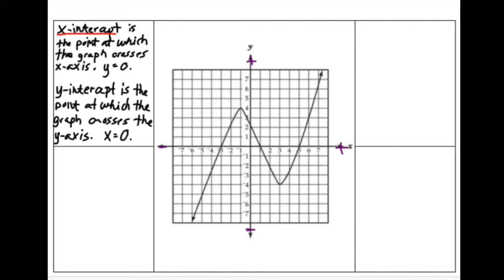If I start from the left, I'm looking at where my function is crossing the x-axis, and I see that here at -3. Then I follow the line of my graph, and I see that it crosses the x-axis again at +1, and one more time at +5. Hopefully it's clear that those locations are x-intercepts.